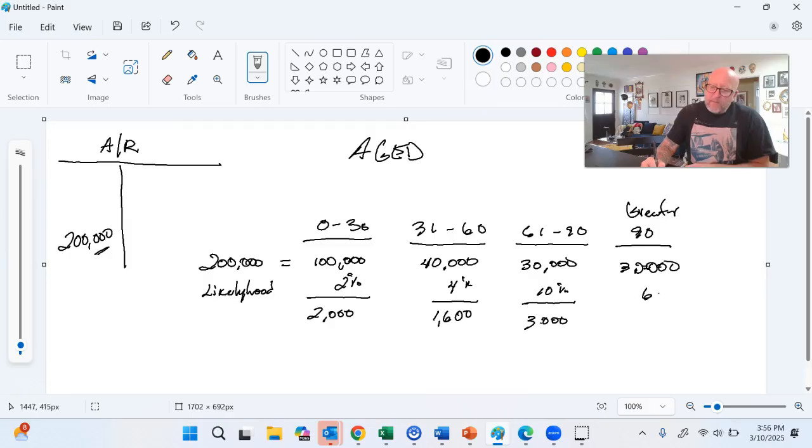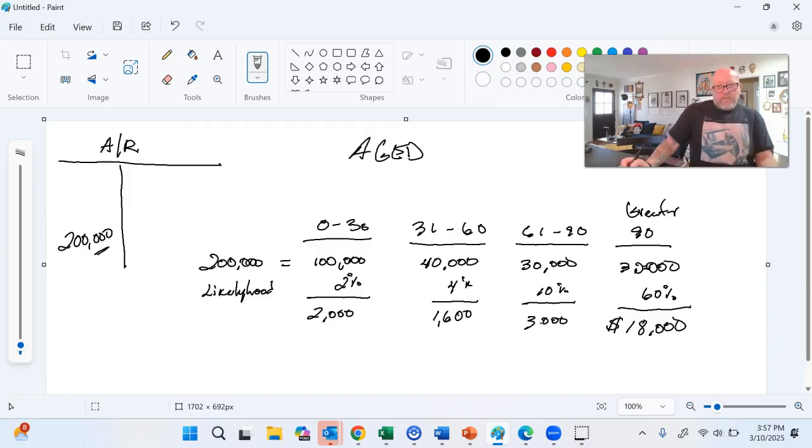The probability of collecting this last bucket is really low. Okay? It's like 60% chance of not getting collected. And if there's a 60% chance of not getting collected on 30,000, I'm thinking, boy, I can do this in my head. I'm thinking we're not going to collect 18,000.